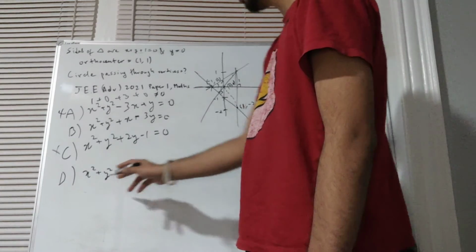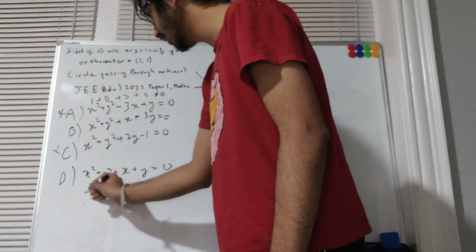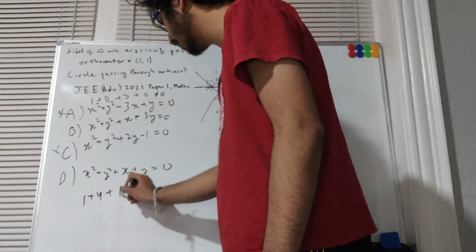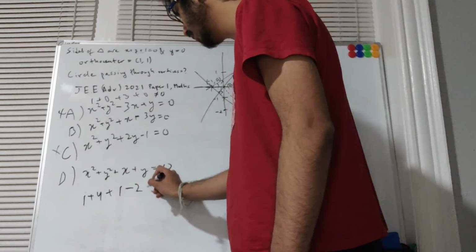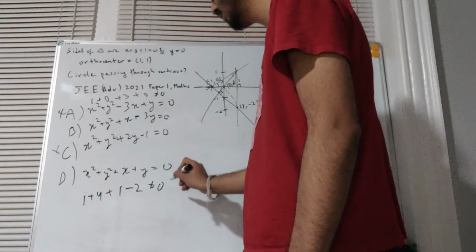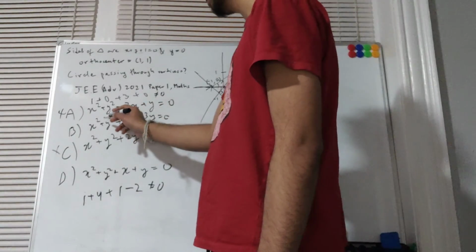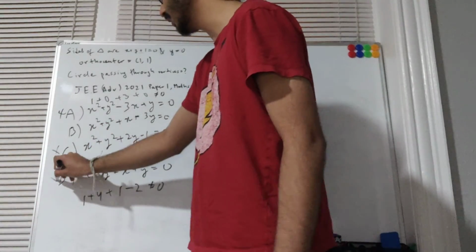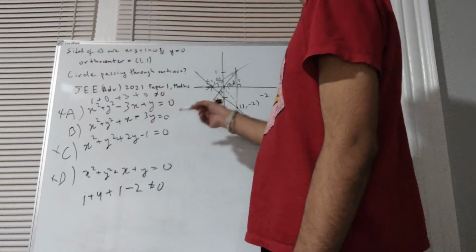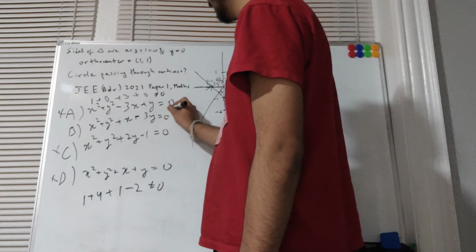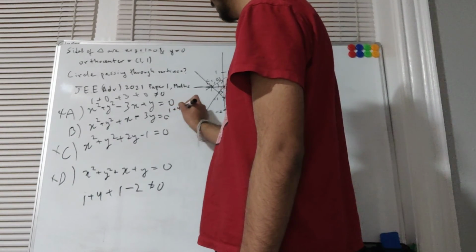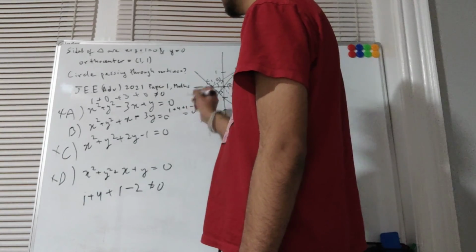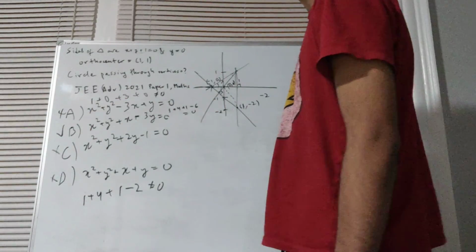So if you put 1, minus 2 over here, we get 1 plus 1 minus 2. It's obviously not 0. So this has to be the correct option now, but let's just check anyway. So if you put 1 minus 2, we get 1 plus 4 plus 1 minus 6, which is 0. So that's the right answer.